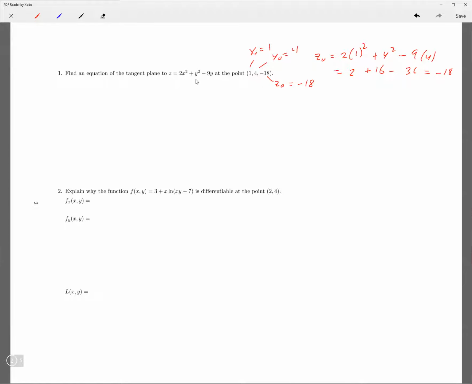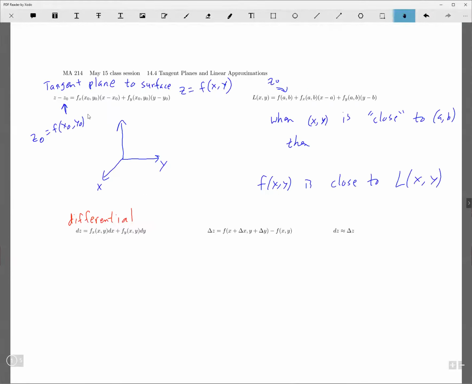Okay, and so then there's going to be a tangent plane to the surface at this point. And according to the previous page, this is the equation for that tangent plane. So first of all, let's take the partials, the partial with respect to x, partial with respect to y.